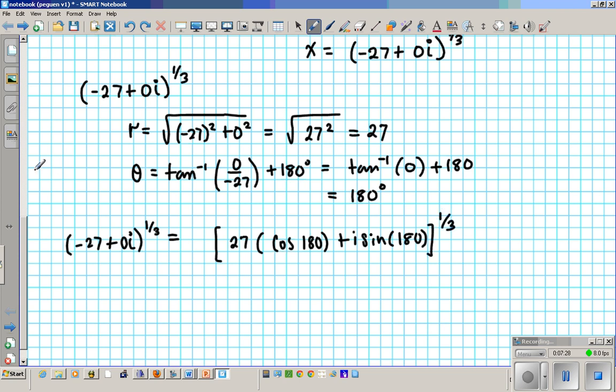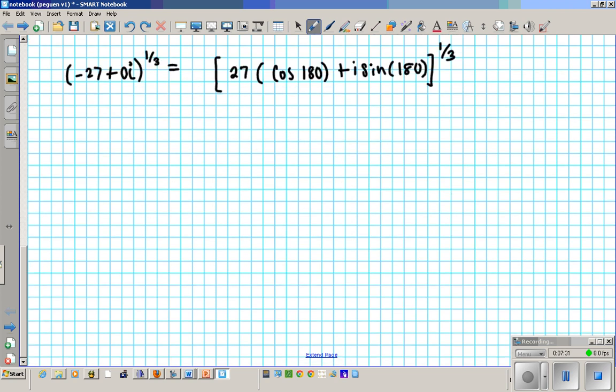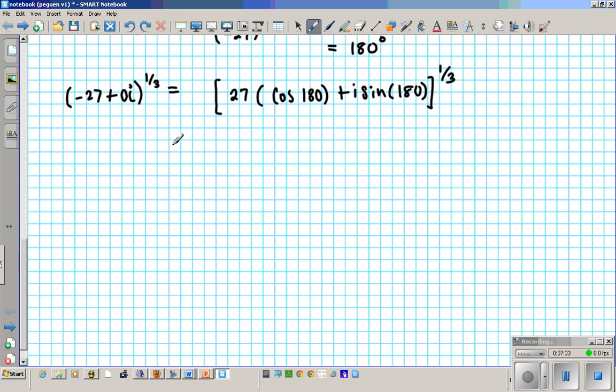Alright, if I apply the formula here, this is going to become squiggly bracket 27 to the 1/3 times cosine of theta over p. Theta is 180, over p, which is 3, since we're taking the third root, so we divide the angle by 3, plus 2 pi n over 3.